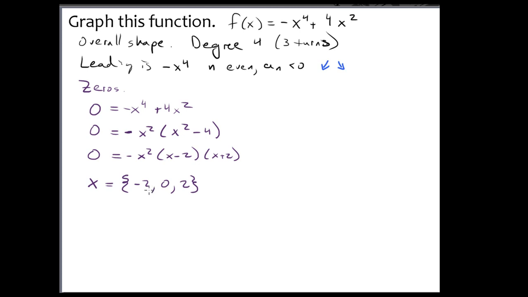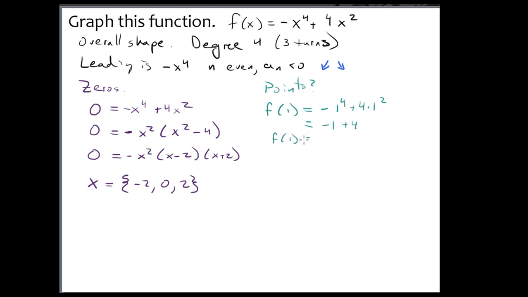I think I've got a pretty good handle on what's going on, and I'm ready to graph this. But I'm just going to find some points so that I know what this graph is doing. F of 1 is a pretty good example. So negative 1 to the fourth plus 4 times 1 squared. That's negative 1 plus 4.